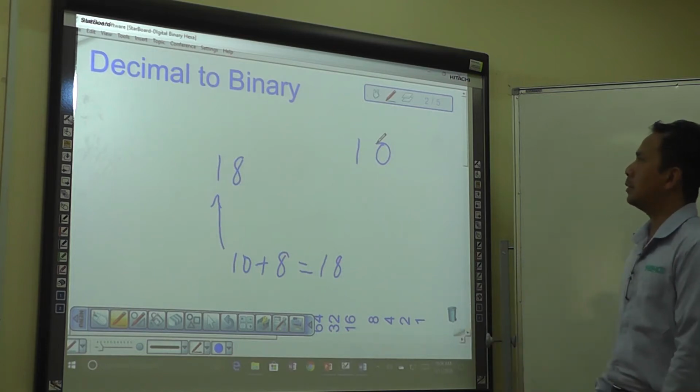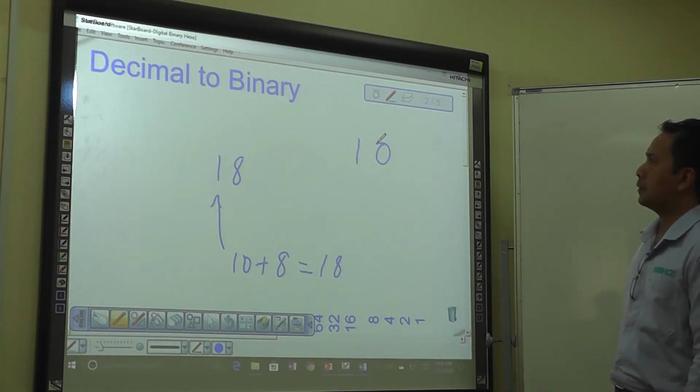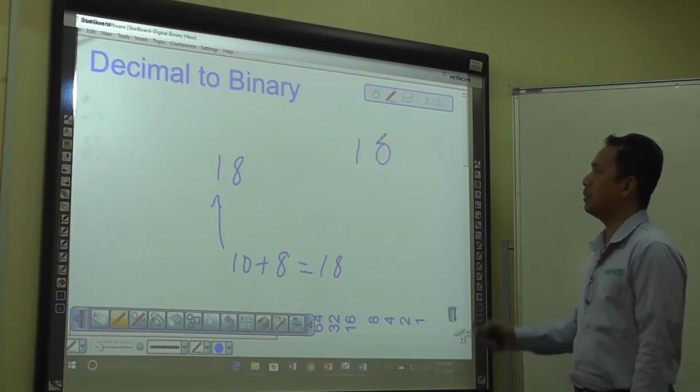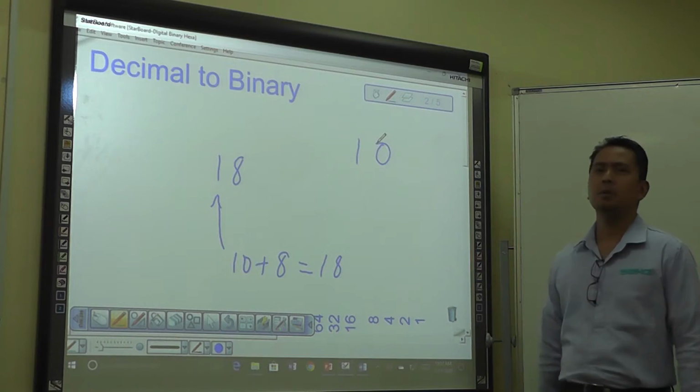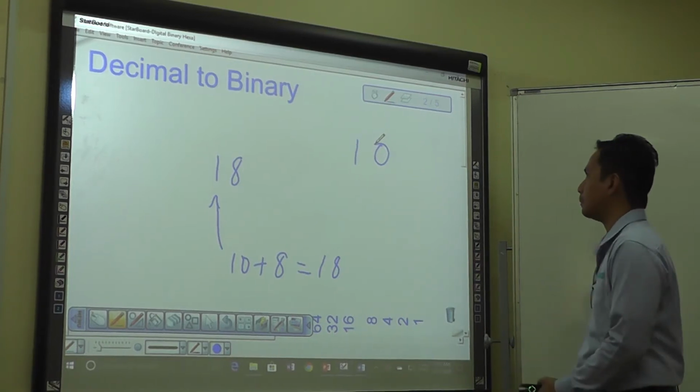I hope with this past lesson on decimal and binary, you will recognize them. Now we will go back to our topic for today, decimal to binary number. How could we convert a decimal to a binary number?